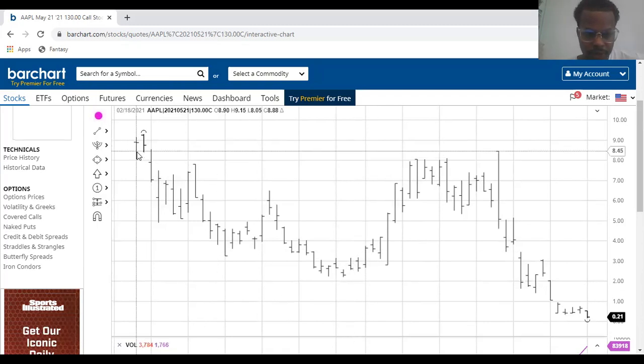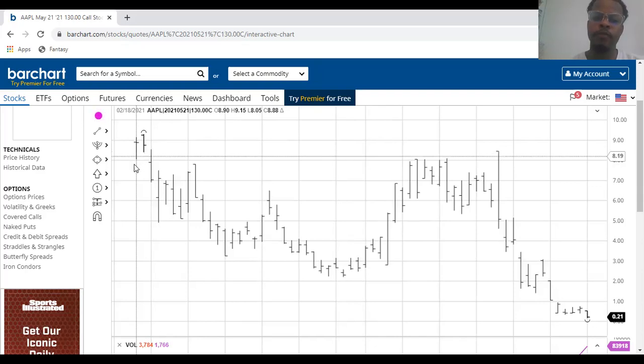So the contract opened here, right? It's fairly new. I don't know what was happening with Apple around that time, but that's something you might want to look at. What was happening during this time on Apple? Was there a big event? Was it earnings? Because a lot of the time, people that write these contracts are smart.